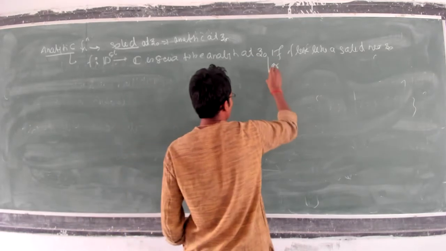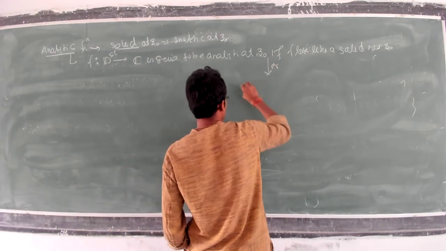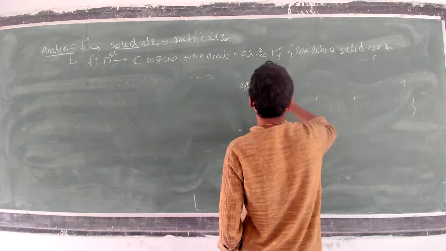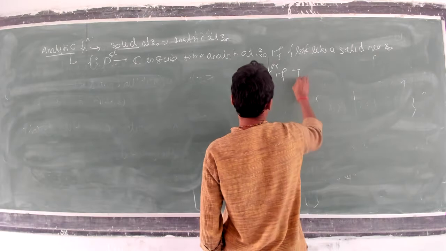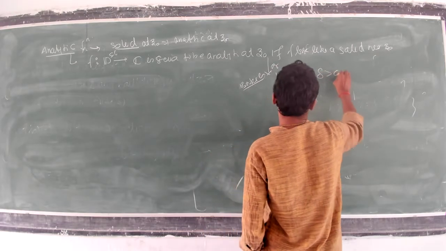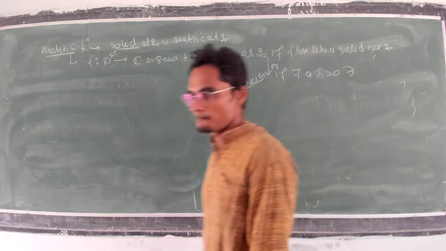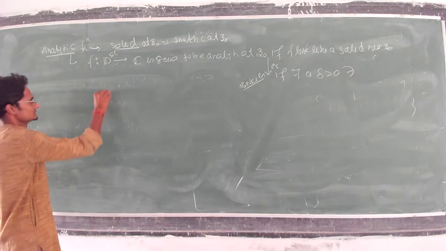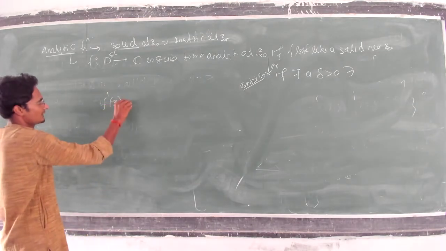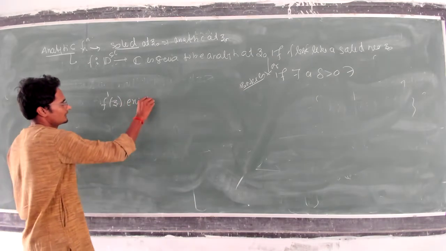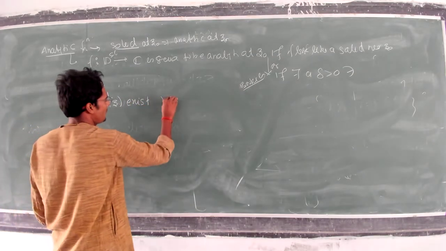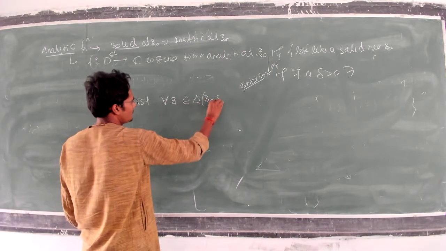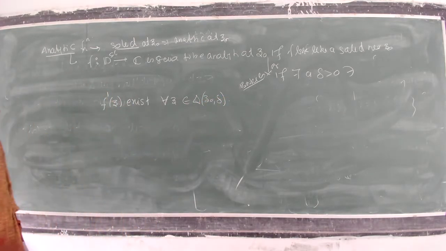Or, another bookish definition: if there is a delta positive such that f dash z exists for all z belonging to this neighborhood.